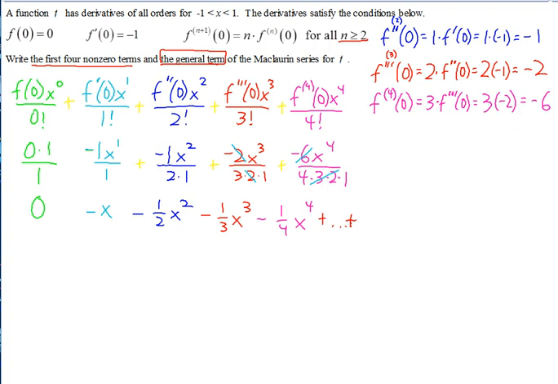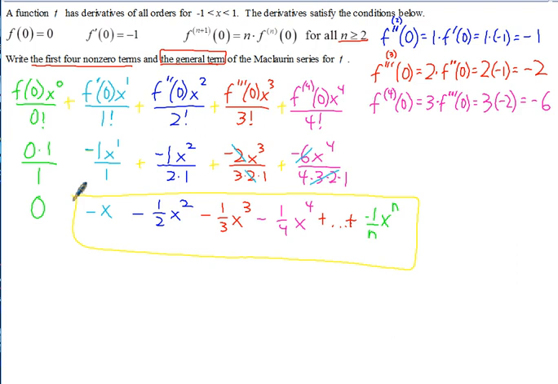So for the general term, the x to the n. But this time, notice out in front, it's negative. So it'd be a negative 1 over, this is the same number as the exponent, isn't it? So negative 1 over n. There would be our general term. So now we've found the first 4 non-zero terms and the general term of the Maclaurin series.